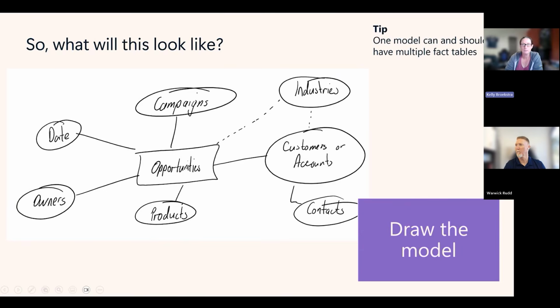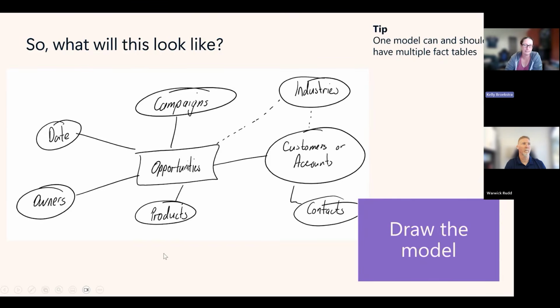Couple of tips here. One model can have multiple fact tables. So if I did have the concept of budgets or forecast values, I could add that down the bottom as an additional fact table and draw lines to how that connects. So if that forecast amount from my report mockup was from a different system, it needed to connect through products, and probably also date, but definitely through products, because that's what the report showed me.